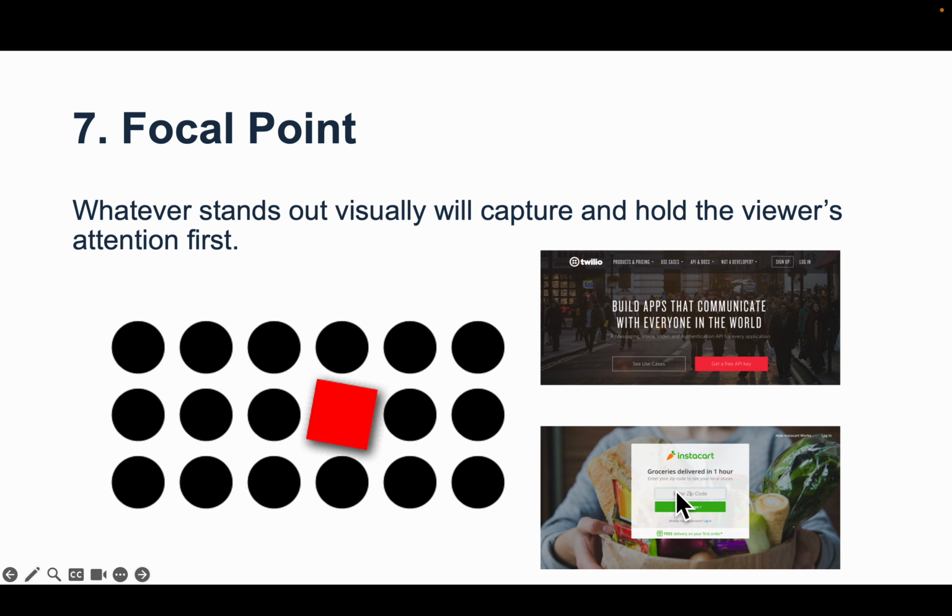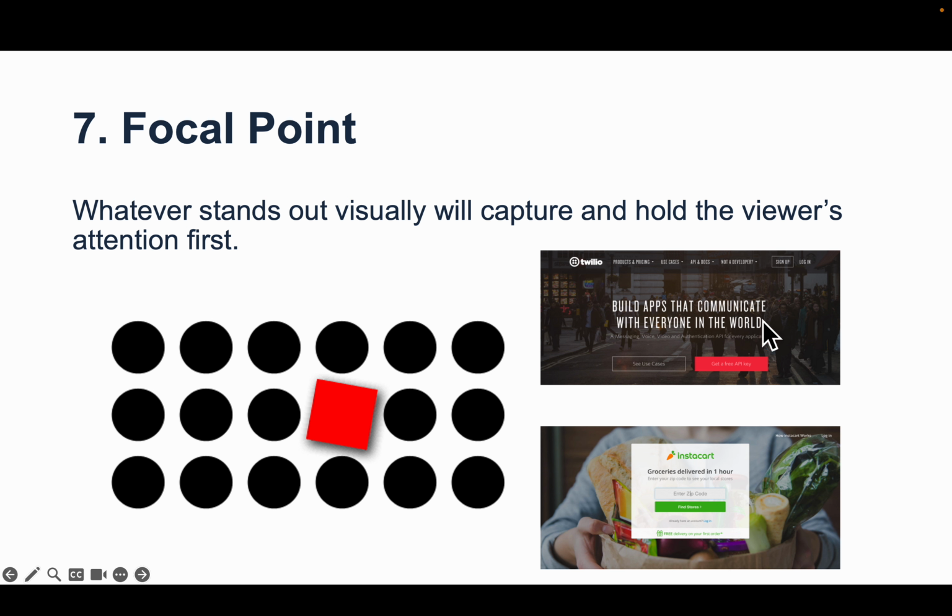Yeah, so the last one is the focal point. This is similar to what we talked about with the emphasis principle, right? Whatever stands out visually will capture and hold viewers' attention first. Usually the focal point looks different than any other elements around it, such as the red square right inside a group of black circles, which makes it stand out a lot.